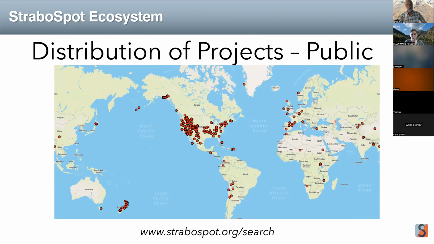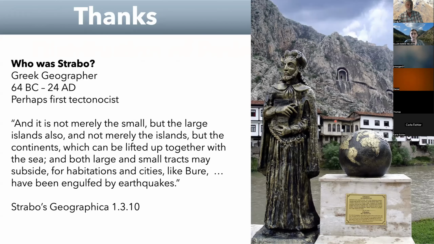If you're public, anybody can see it. This is the search interface for StraboSpot. Any public data set or any public project will show up on here. You can also keep your data private if you want to work on it before you present it. Again, we're trying to support the data and reproducibility and documentation behind the geosciences.